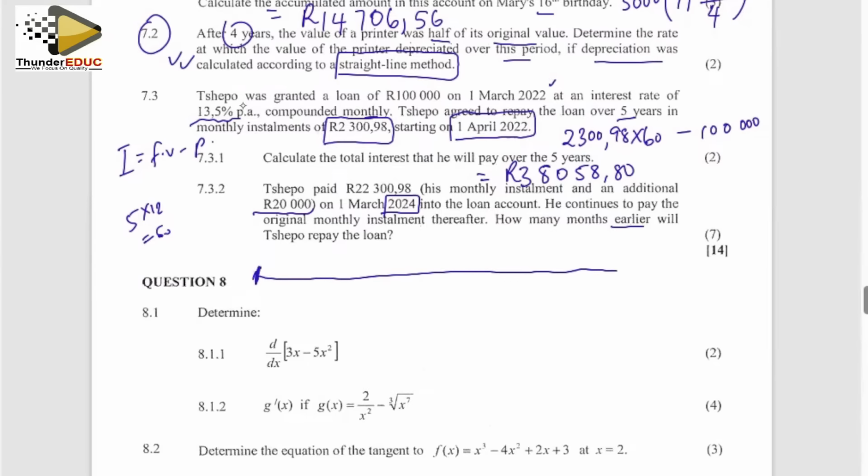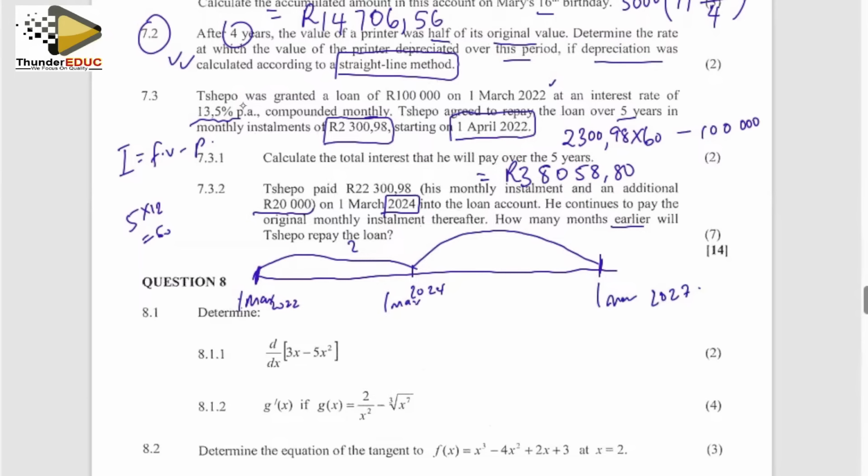Okay, so if this is the 1st of March 2022, and we have 2024, how many years are those? Around about 2 years, from March up to 1 March 2024. And then we have another 3 years up until 1st March 2027.